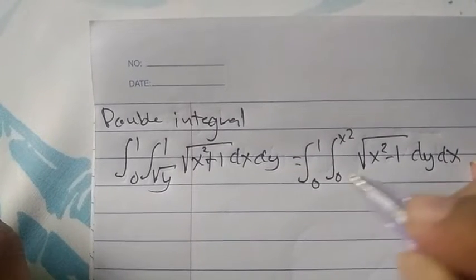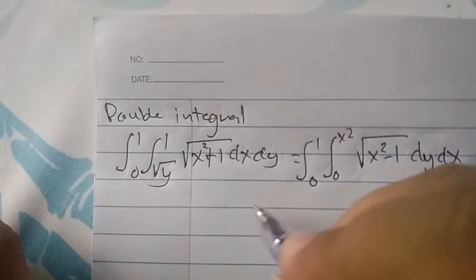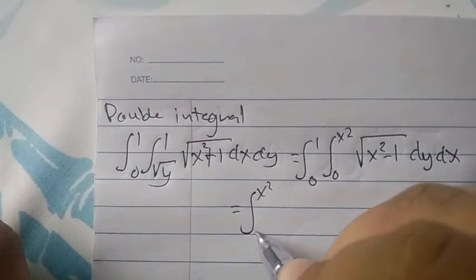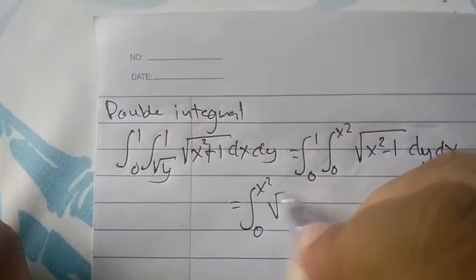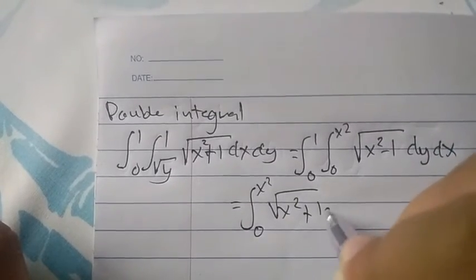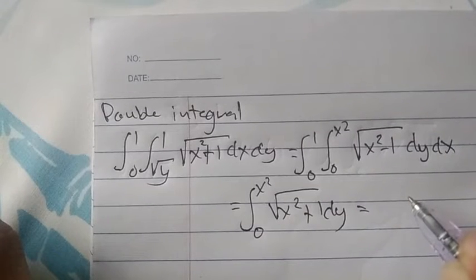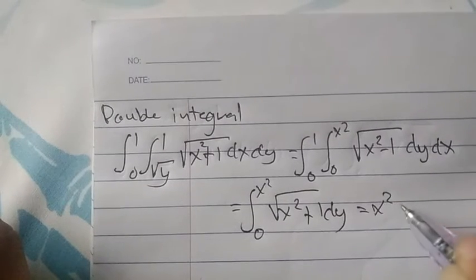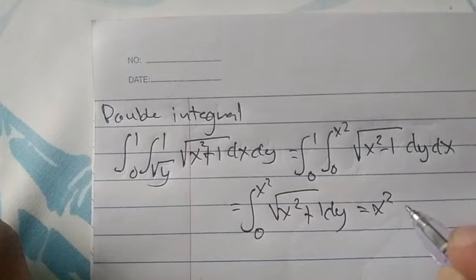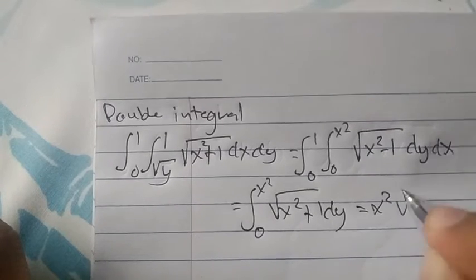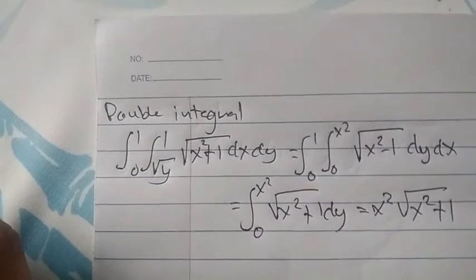Then to solve this part, the integral with limits 0 to x squared, of x squared plus 1 dy, equals x squared times the square root of x squared plus 1.